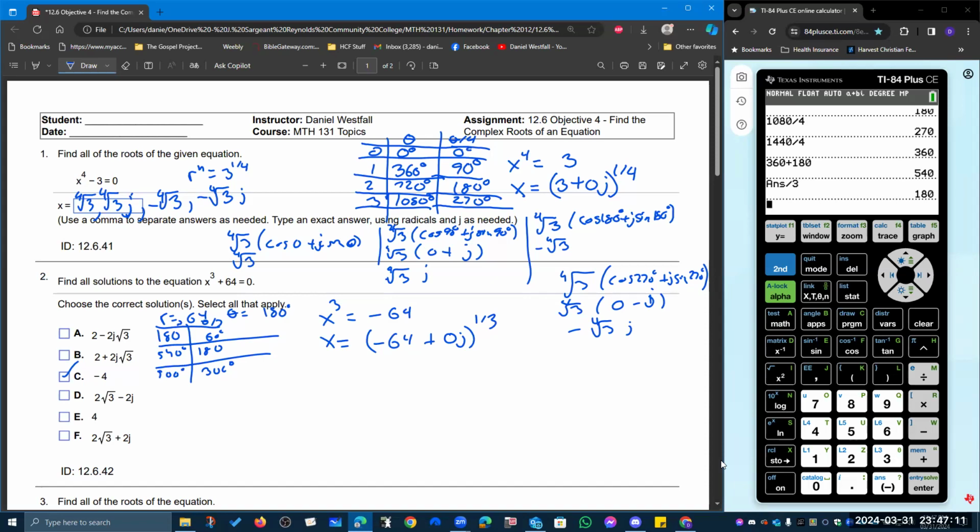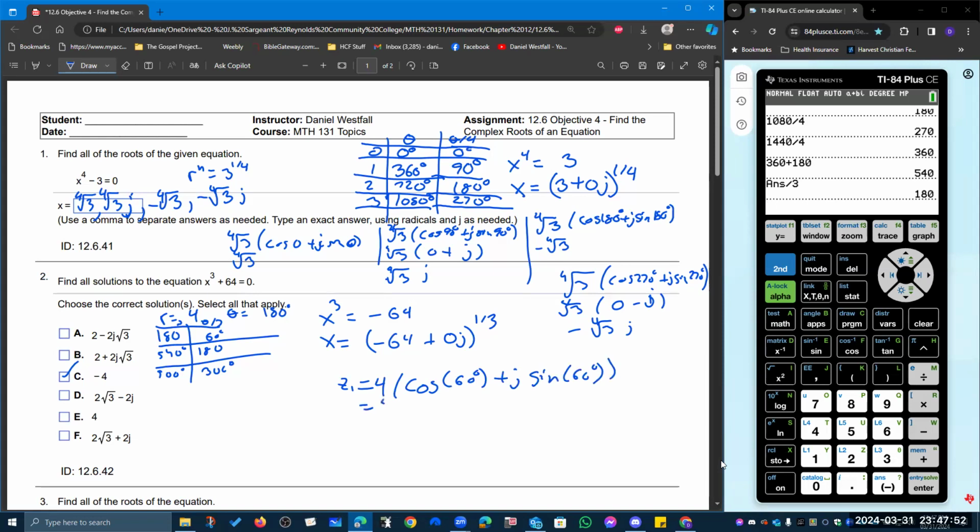So let's go ahead and look at what these are going to be in rectangular form. So z1 is going to be equal to 64 to the 1/3 power, which is 4, times cosine of 60 degrees plus j sine of 60 degrees.